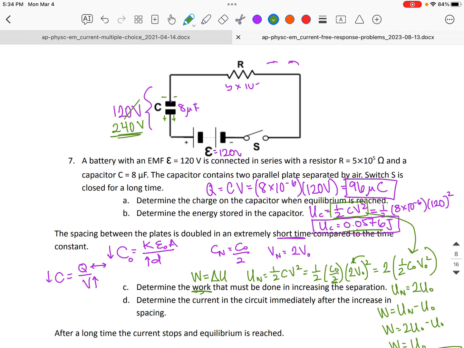The voltage has built up double the positive charge on the bottom, which means I'm going to have current wanting to go this way.